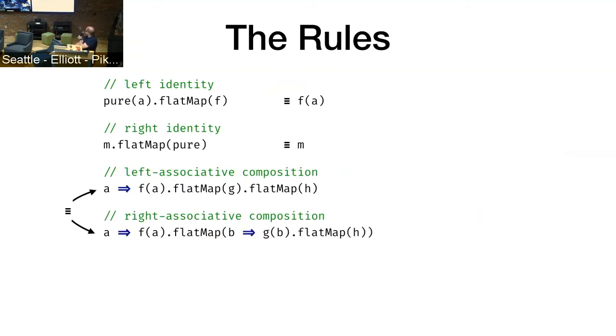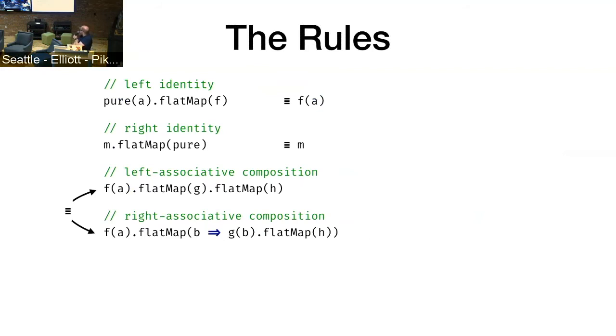So we inline the outer one and the inner one, and now we can not care where A comes from or what F of A is. And now we have this new rule that says M flat map G flat map H has to be the same thing as M flat map B to G of B flat map H. So it just means the flat map has to be associative. It's just there's not a pretty way to write that in Scala.